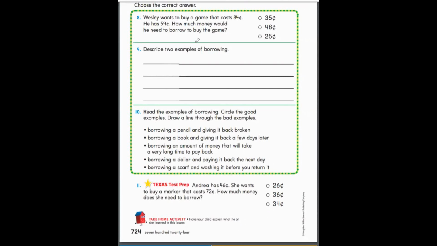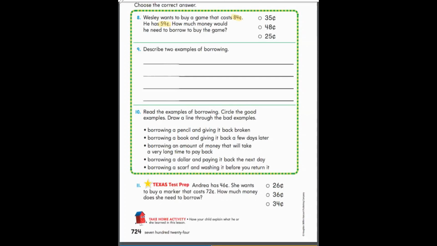Wesley wants to buy a game that costs 84 cents. He has 59 cents. How much money would he need to borrow to buy the game? Okay, we start with circle the numbers. The game costs 84. He has 59. So he doesn't have enough money. He needs to borrow some money.